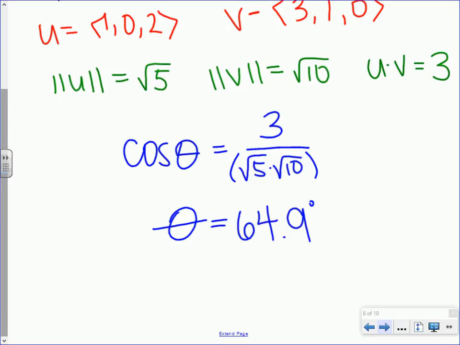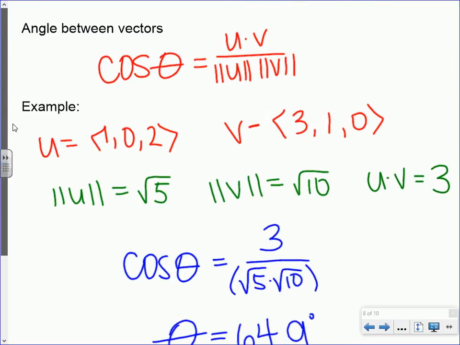Okay. So do you remember how when we talked about if the dot product is 0, what does that mean about our angles? There's a 90-degree angle. Remember we call them orthogonal. Okay. If that dot product is 0, we have orthogonal vectors.